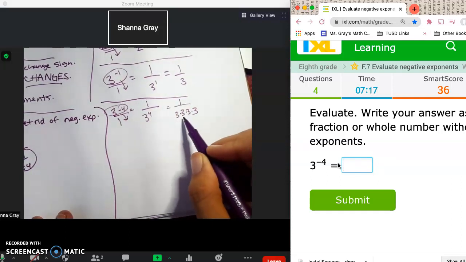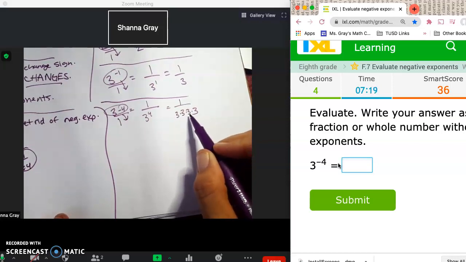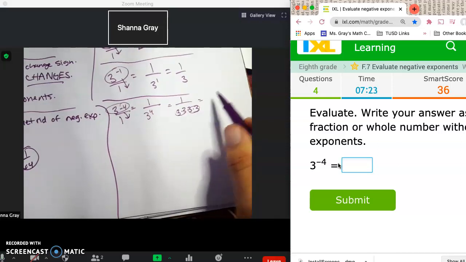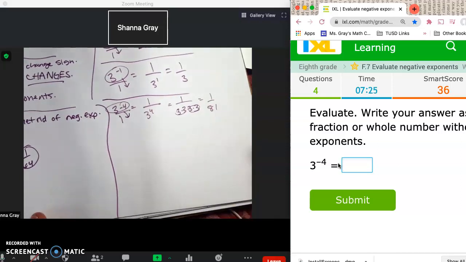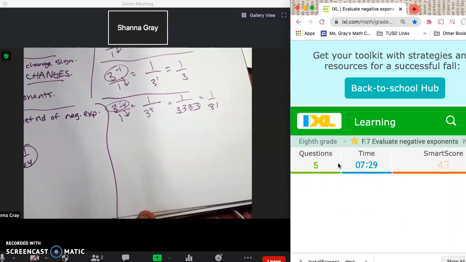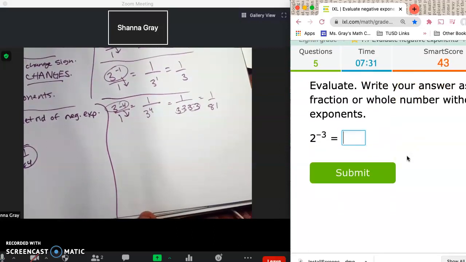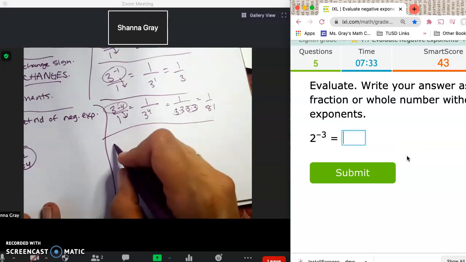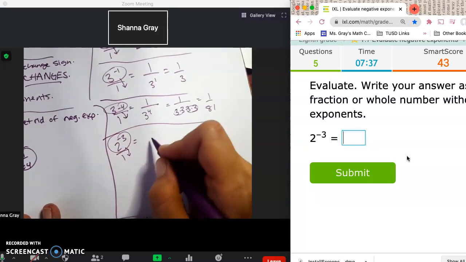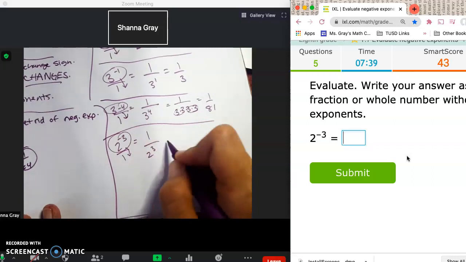So 3 times 3 is 9, and then 3 times 3 is 9. So 9 times 9 is 81. So 1 over 81. We've done this one before. So if I have a negative exponent, I'll move it down to the bottom to make it positive.